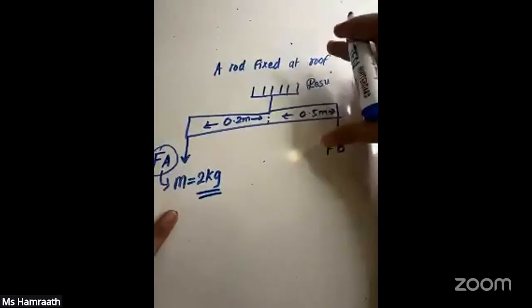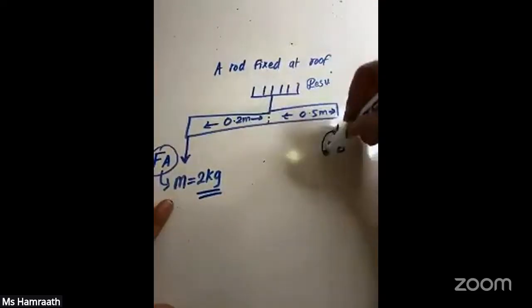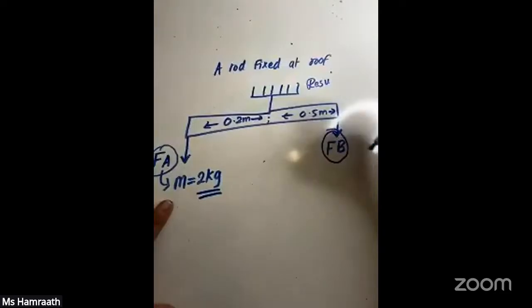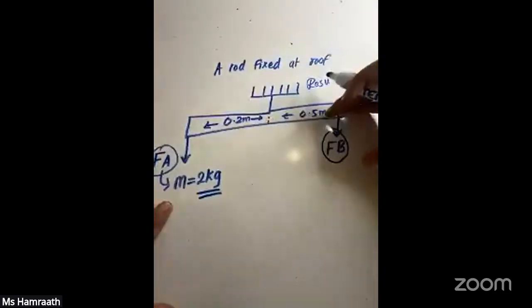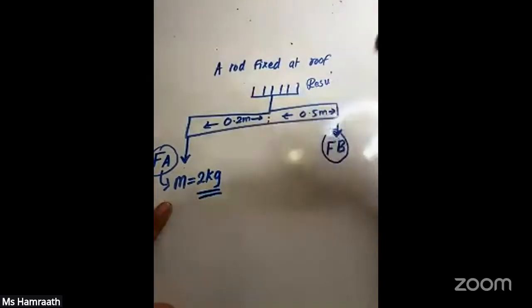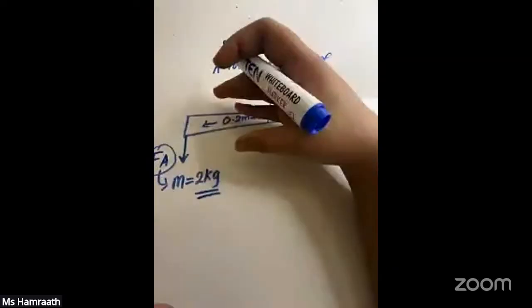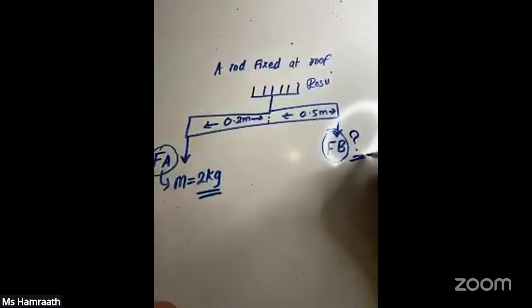The main thing is they will give you the mass on this side and ask you to find the force at B. Indirectly, by using one piece of information, you have to find the other information, like an investigator. From a small piece of information, you find this and that, and finally you find the main information. So now they are asking you to find the force at B.